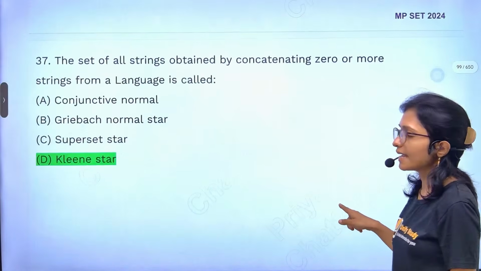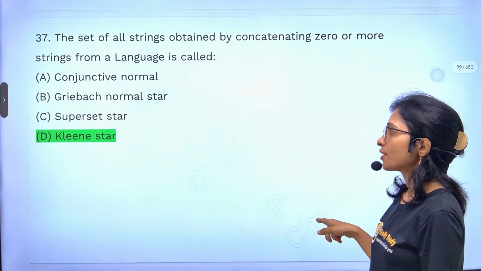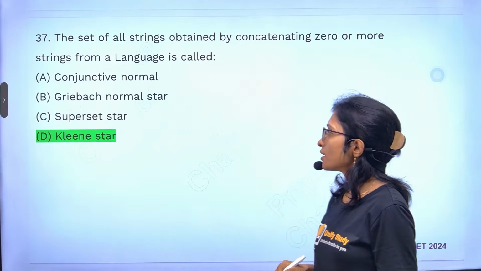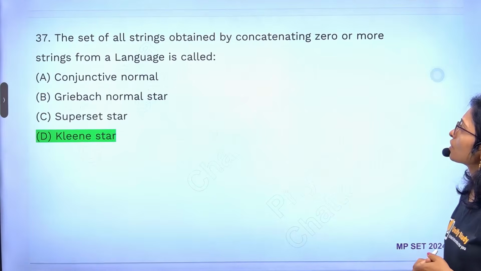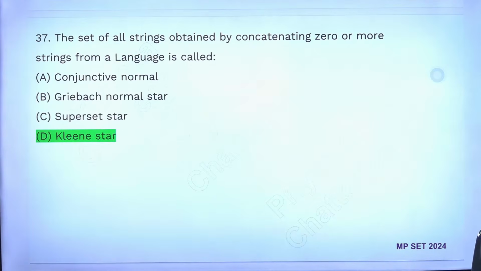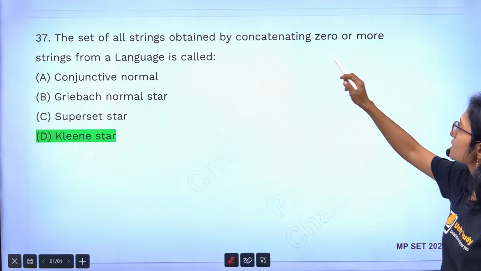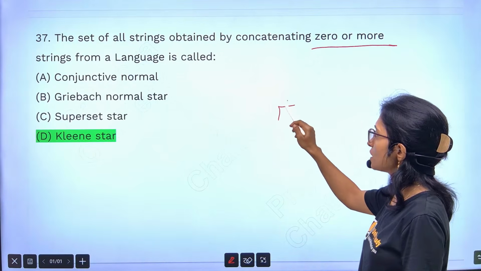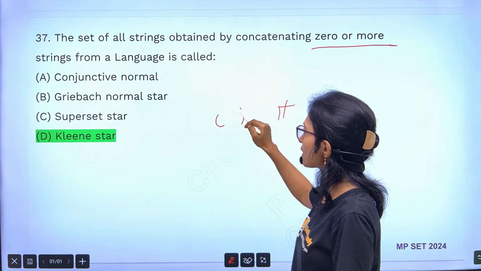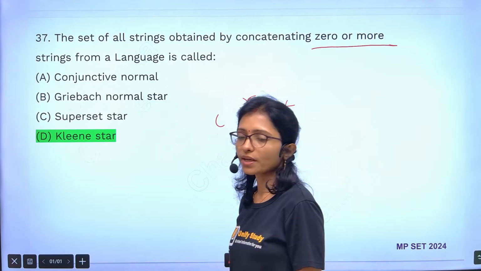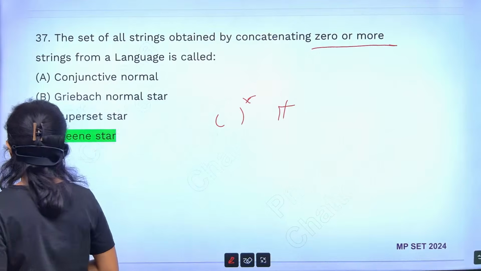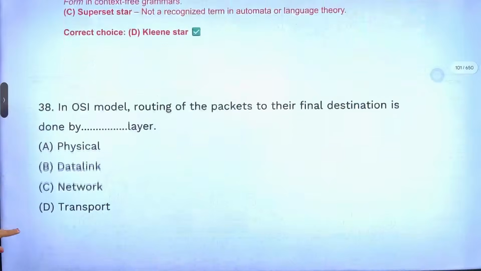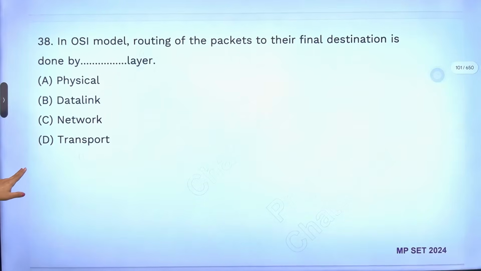This is Kleene star. Through the Kleene star only, concatenating 0 or more. It is given that 0 or more occurrences. 1 or more occurrences means plus, 0 or more occurrences means star. That's why we are using the star here, because it is including epsilon.